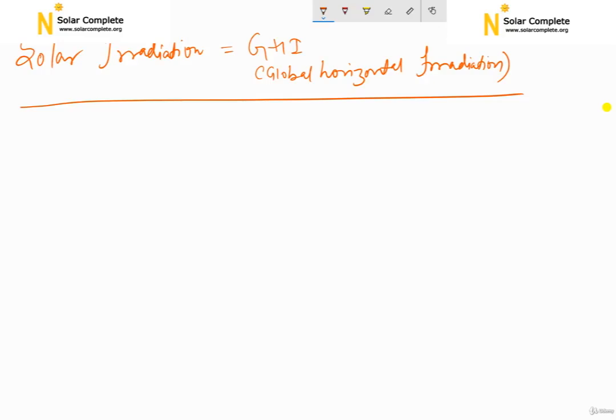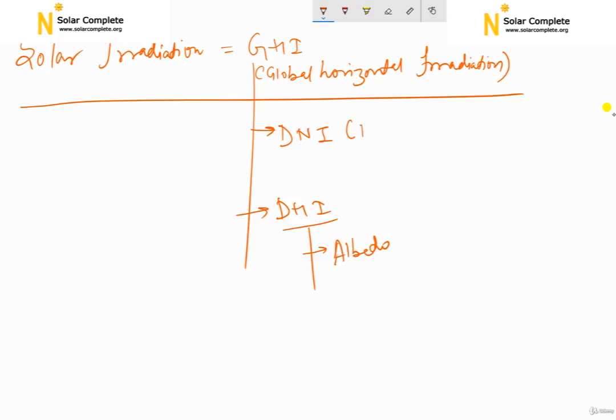Now let's talk about them one by one. What is DNI and what is DHI? So DNI is direct normal irradiation. Now we're going to understand this with a very simple figure. Let's suppose this is a building roof. Let's suppose here there is another building.